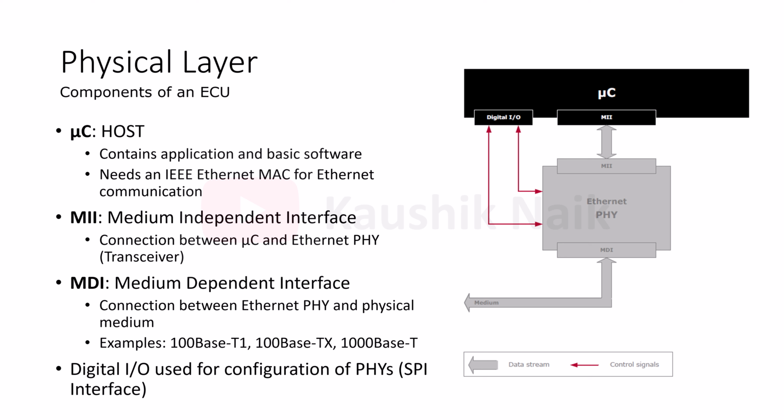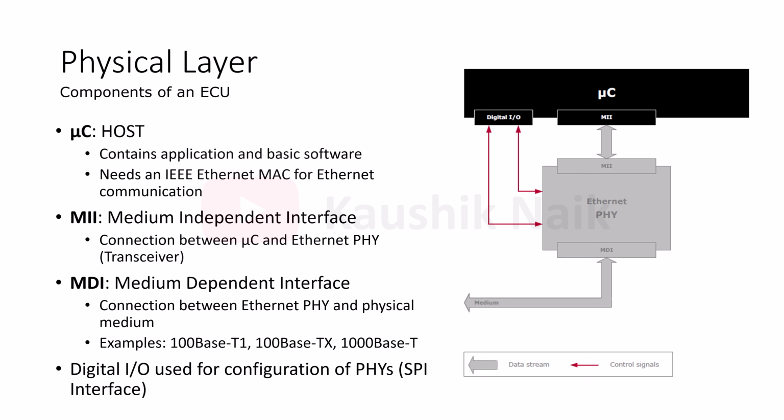Here, physical medium means the actual physical cables used for TX and RX. Some examples of MDI are 100BASE-T1, 100BASE-TX or 1000BASE-T, etc. We shall look into more details about it in the coming slides.